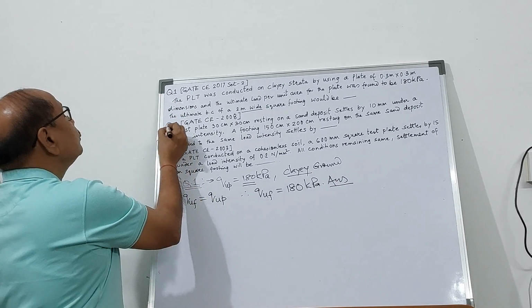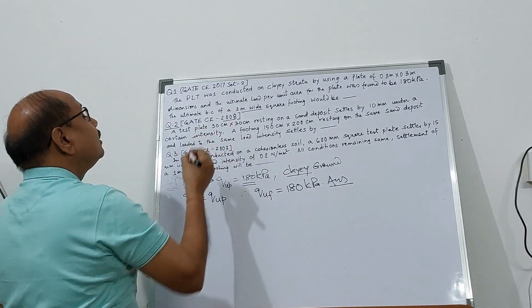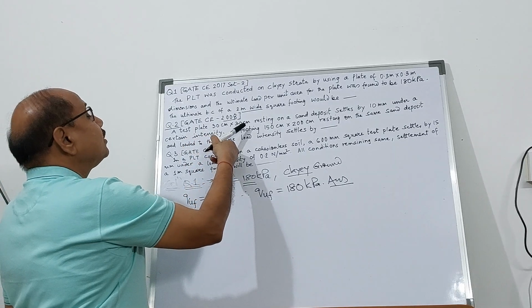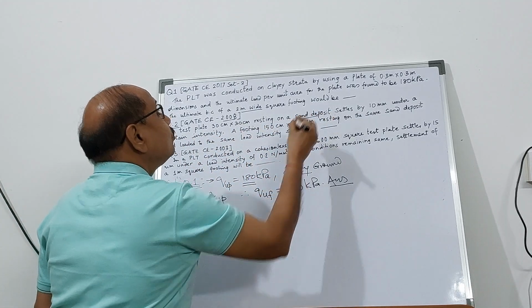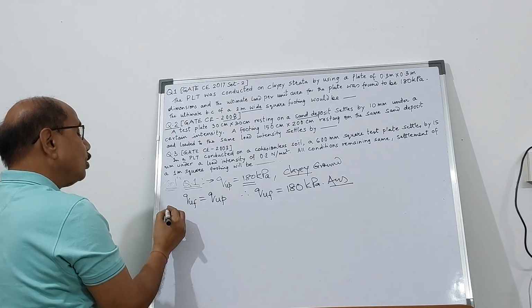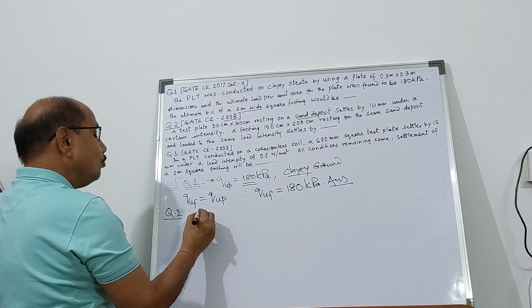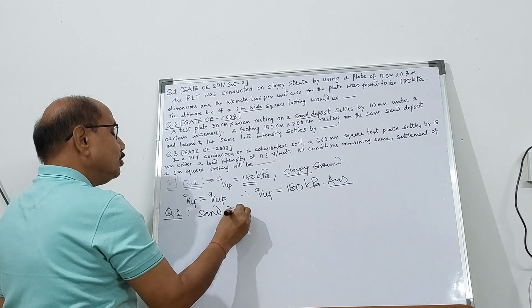Similarly, we can go to next question number 2 that was asked in GATE 2008. A test plate 30 centimeter by 30 centimeter resting on a sand deposit. Now, what is the nature of the ground? That's important. So, question 2. The ground is going to be sandy ground, so it is a sand deposit.